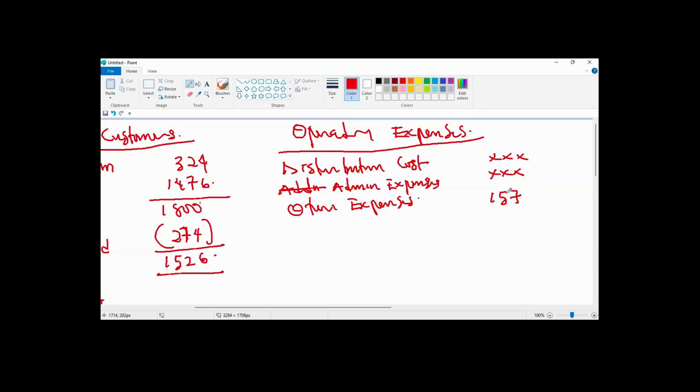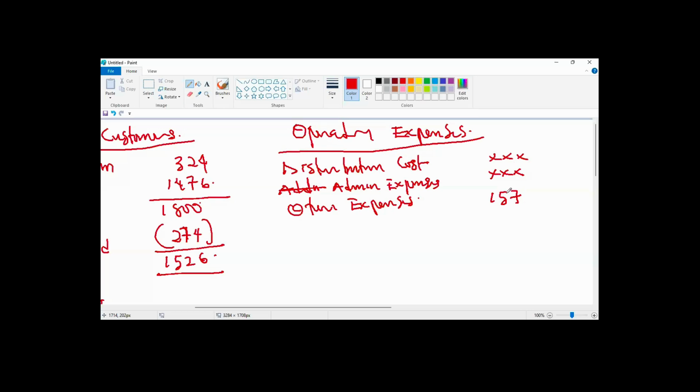For PPE, we will depreciate. For development expenditure, we amortize. Where am I going to see information regarding these two? Additional information. Go there now.